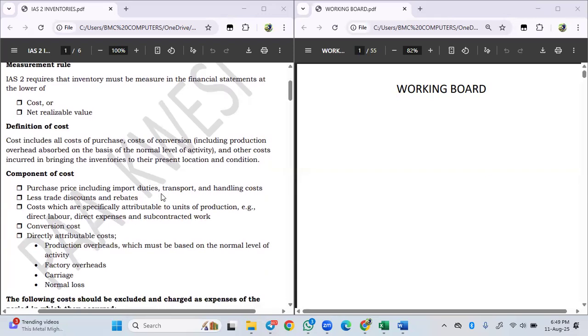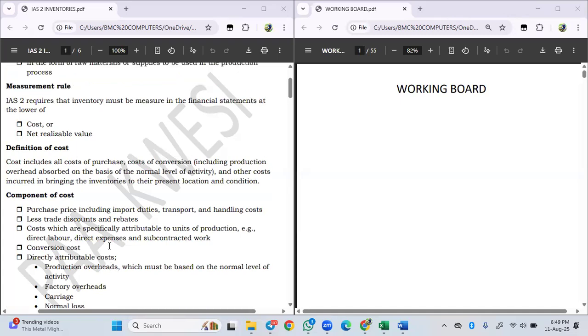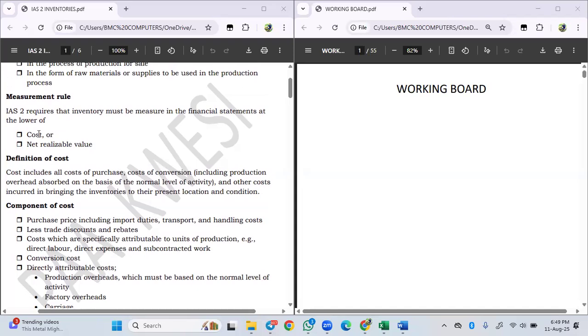All right. So let's define the cost. This one is similar to that of PPE, the component of cost. But before that, the measurement rule, IAS 2, requires that inventory must be measured at the lower of cost or net realizable value.